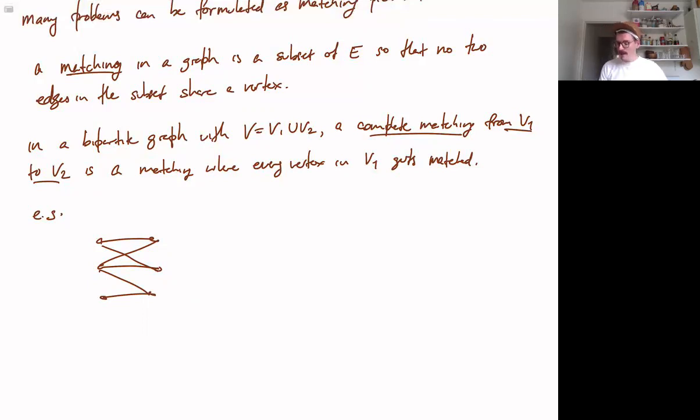A matching is a subset of edges so that no two edges share a vertex. So for example, we can take this edge that takes up these two vertices, and then this edge takes up these two vertices, and then this edge matches the last two vertices.